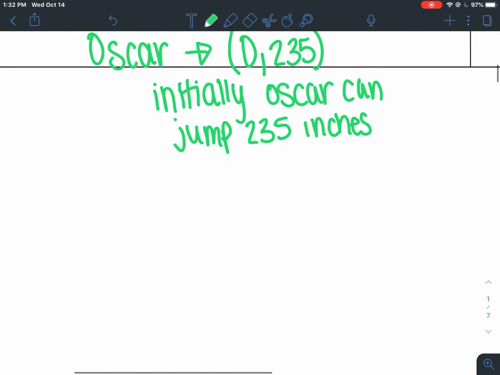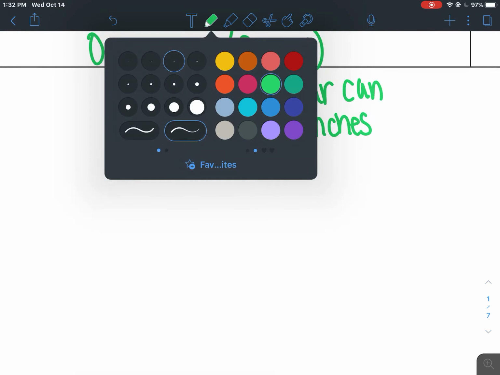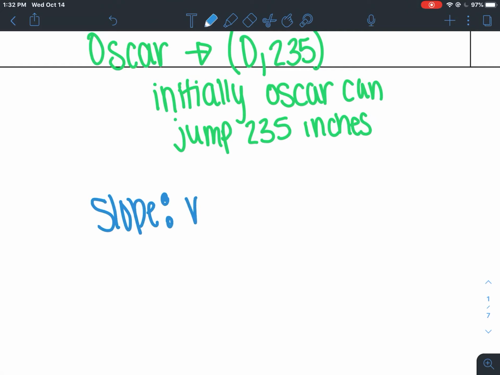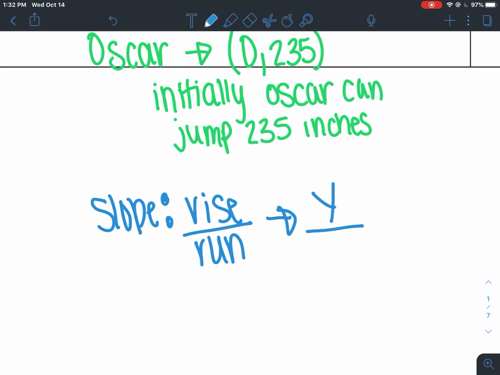And then for our slope, remember we have rise over run. So we have y values over x values because rise is going up and down. Those are y values, up and down axis, over our x values.